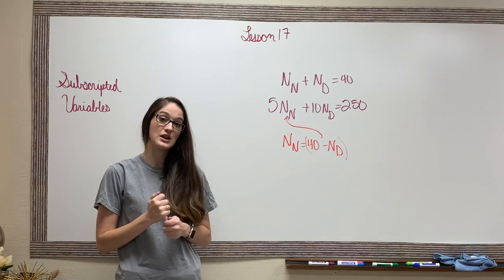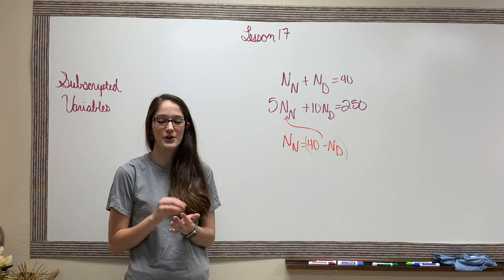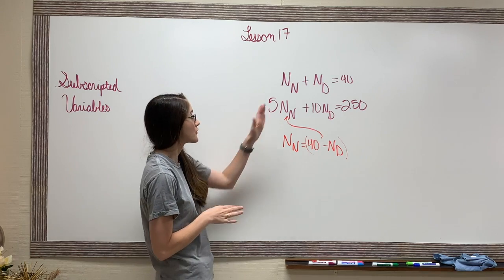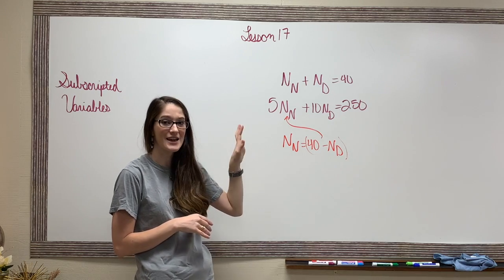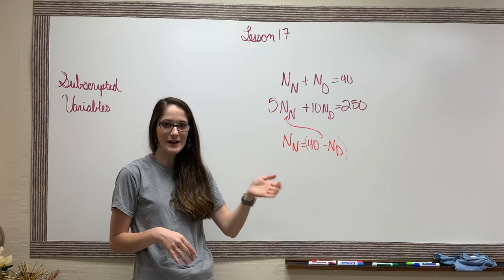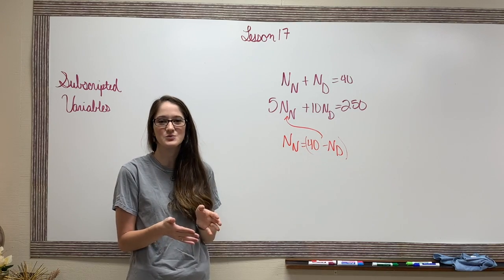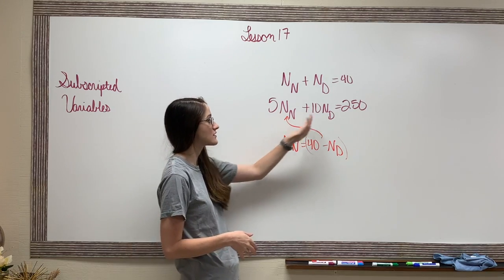Important thing to remember if you are going to use your calculator is that our calculator only refers to X and Y. So if you're putting this in here and you get your answer, it's going to say X equals blank, Y equals blank. Don't write X equals blank and Y equals blank on your answer sheet, because that's not what they're asking for. They're asking for a number of nickels and number of dimes.